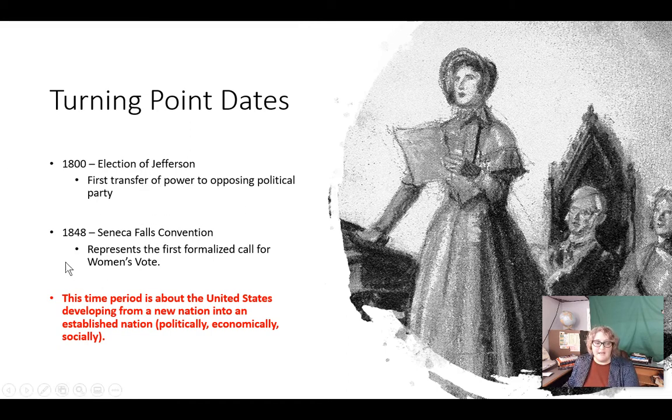And the end of this time period is 1848, and this is the Seneca Falls Convention. This is the first formalized call for the women's vote. And it kind of represents a culmination of a nationalizing period when the United States was going from being a brand new country into a developed country socially, politically, economically.